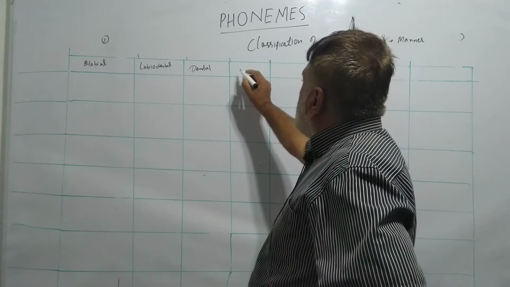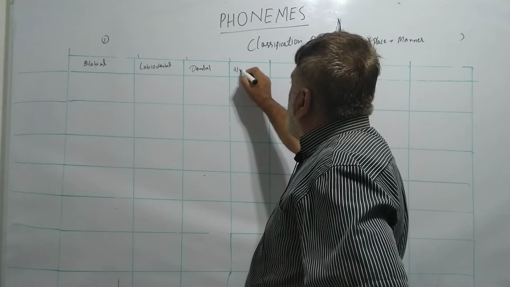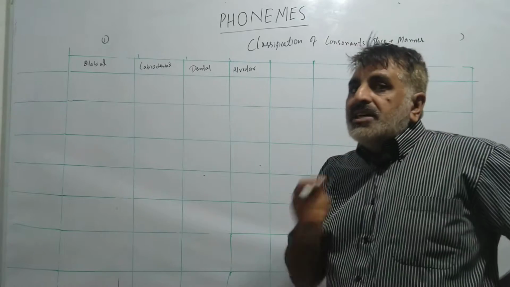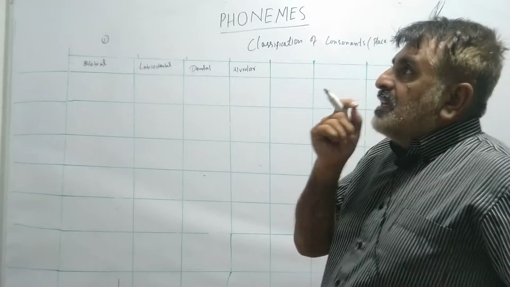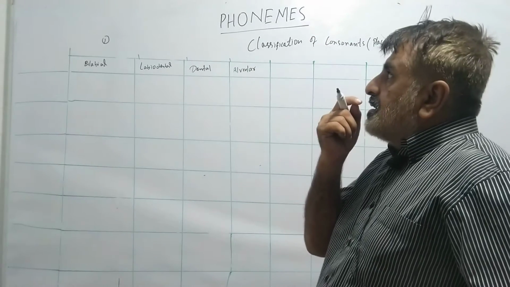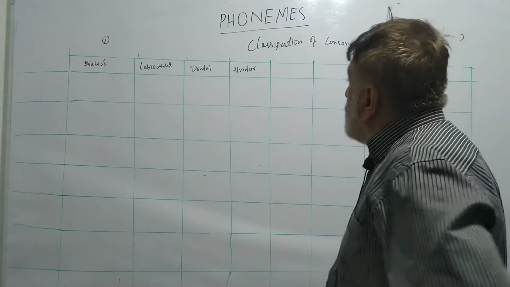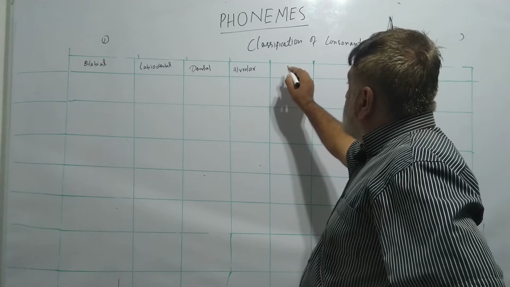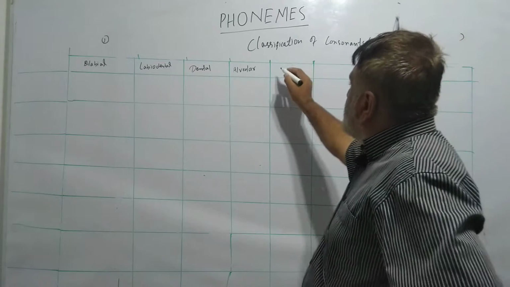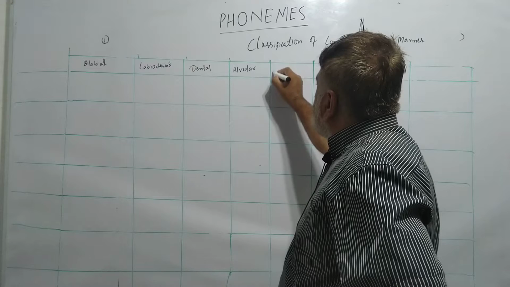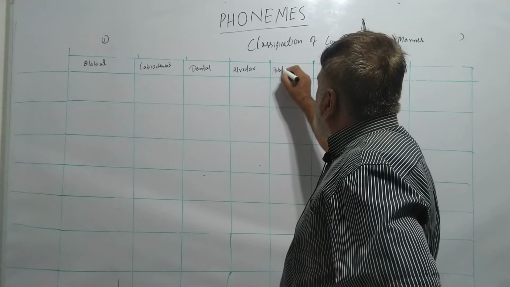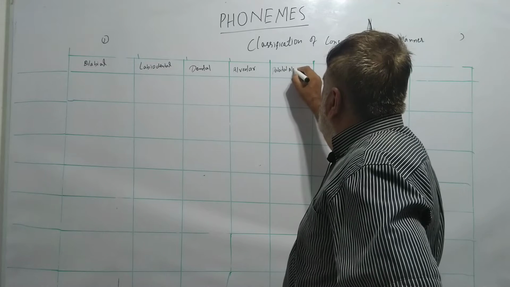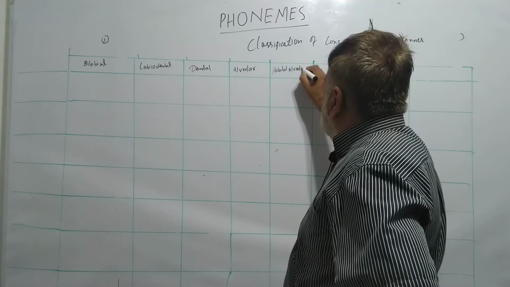Then we have alveolar. Alveolar is just the ridge behind the teeth. Then we have one more place of articulation, which is palatal alveolar.